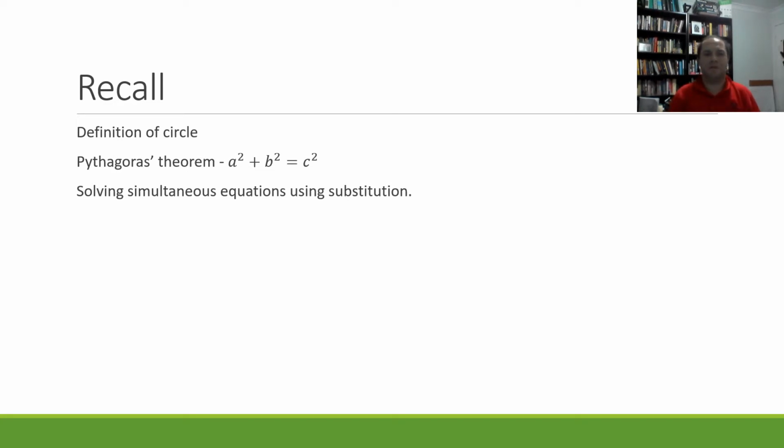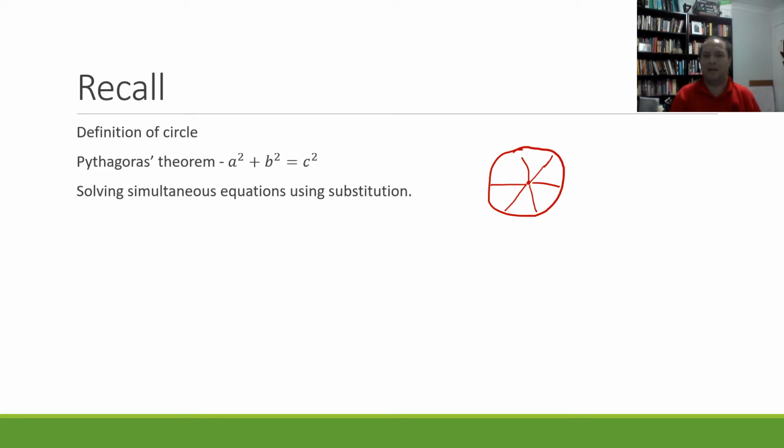Alright, so some things to recall. The definition of a circle is a good first one. A circle is shaped like this one, all round, where every point is the same distance from the center. Each of those distances, from the center to the edge of the circle, we know as radii, and they should all be the same.